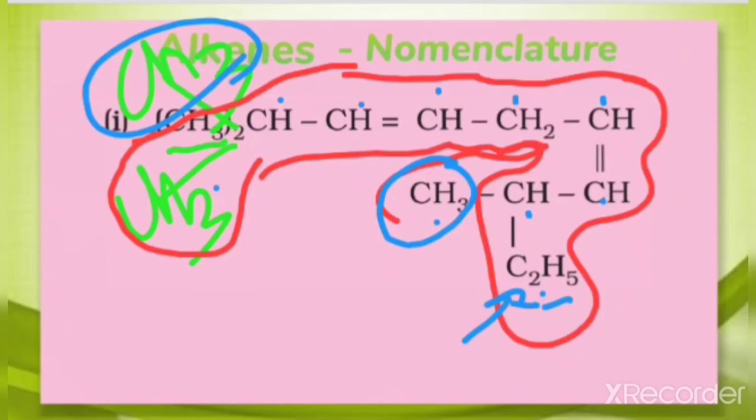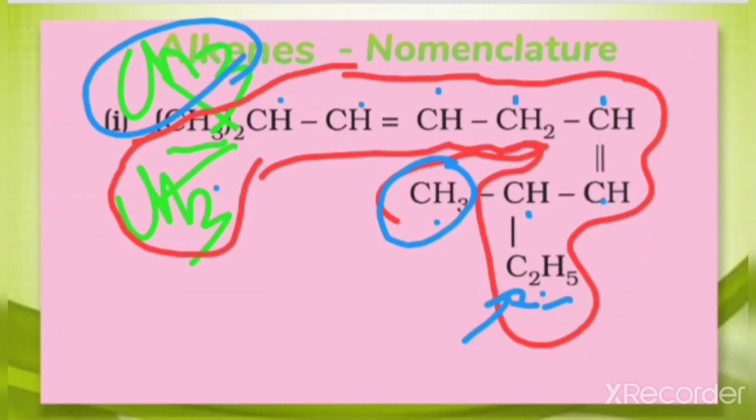So definitely here double bonds are there, so we have to give priority to the double bond. From both sides just count in which way we'll get the minimum sum for the double bond. That side we have to choose. Then we give the positions for the methyl group.